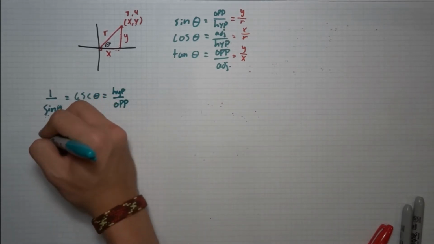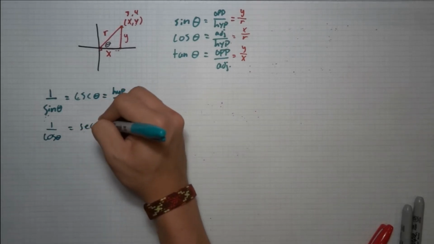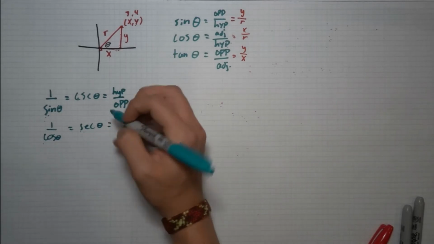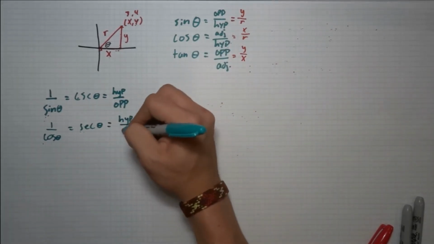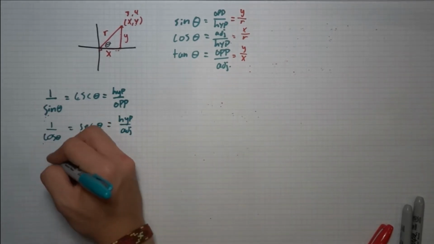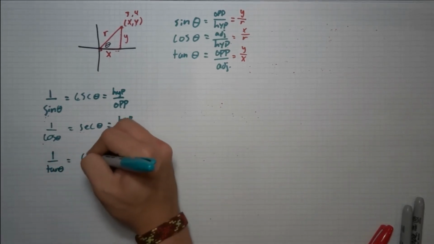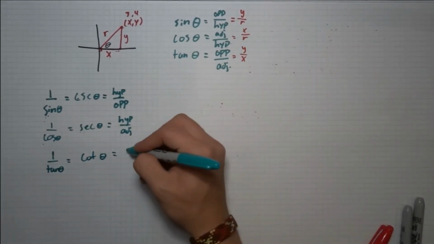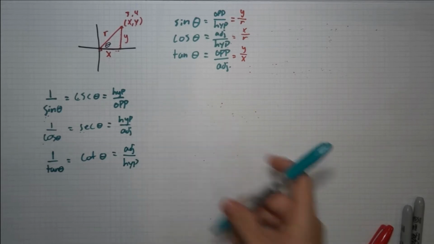Our next one is going to be 1 over cosine. This one is called secant, and again the c and the s flip. The reciprocal of cosine is hypotenuse over adjacent. Finally, we have the reciprocal of tangent, 1 over tan theta, and we call this one cotangent, denoted as cot theta. The reciprocal of this is adjacent over opposite.